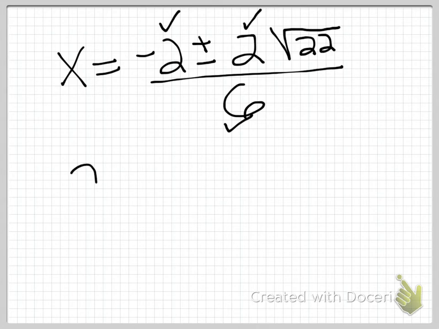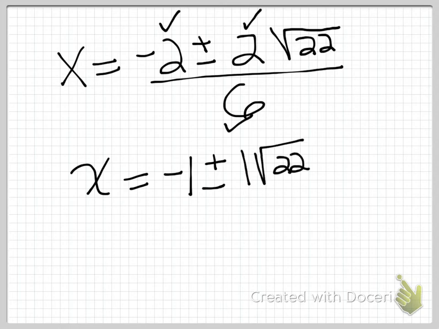So what we're going to do is end up with x is equal to negative 1 plus or minus 1 square root of 22 all over 3. And that is reduced in lowest form. And I cannot fix that anymore. I will not fall into the temptation of putting that in a calculator and getting a decimal.